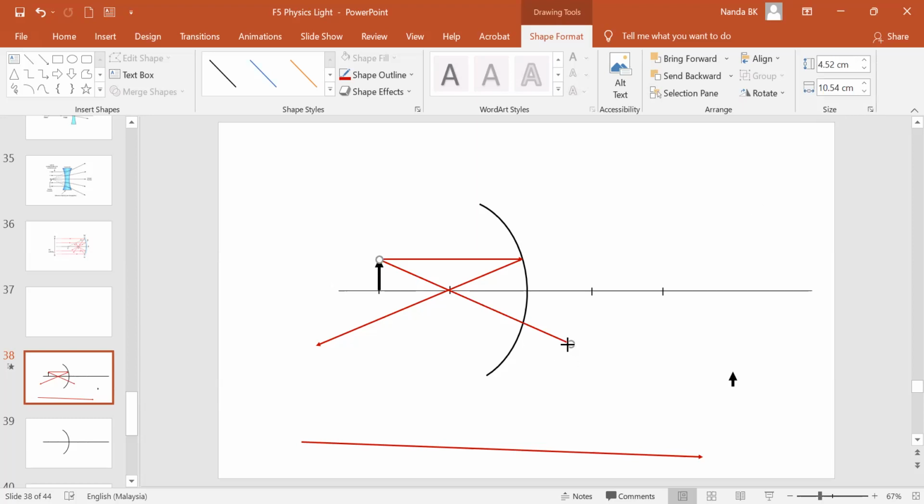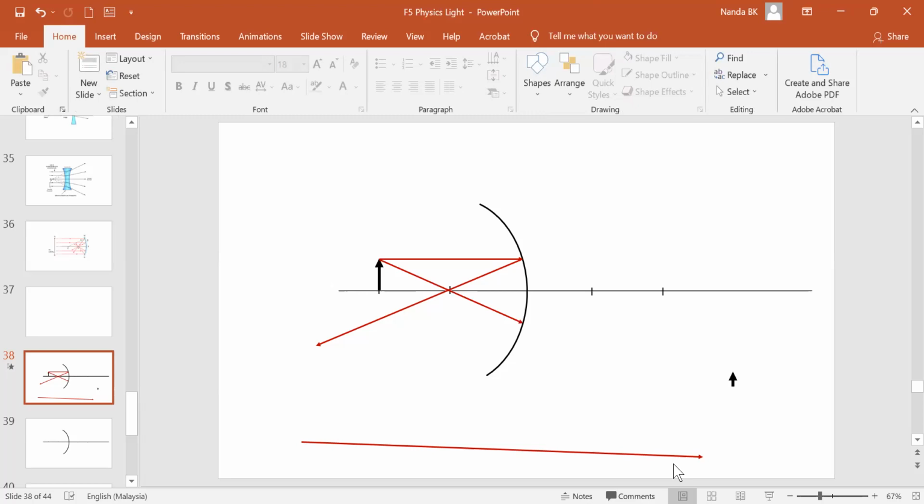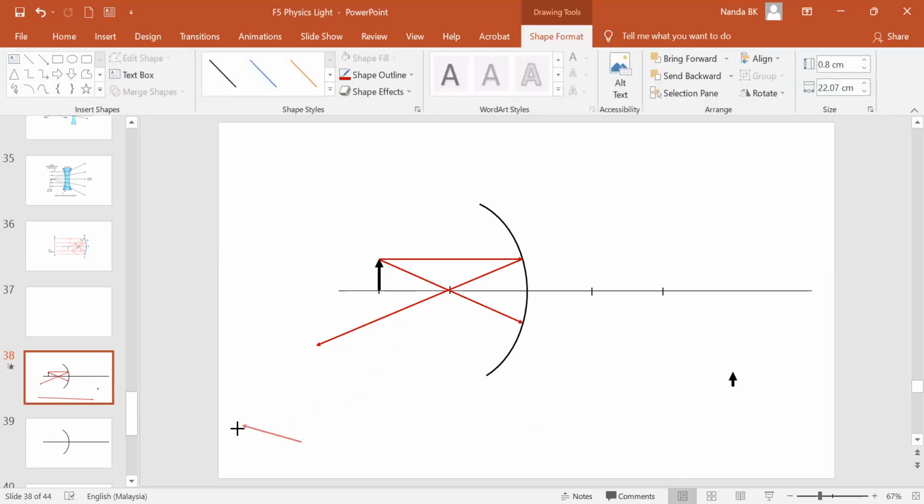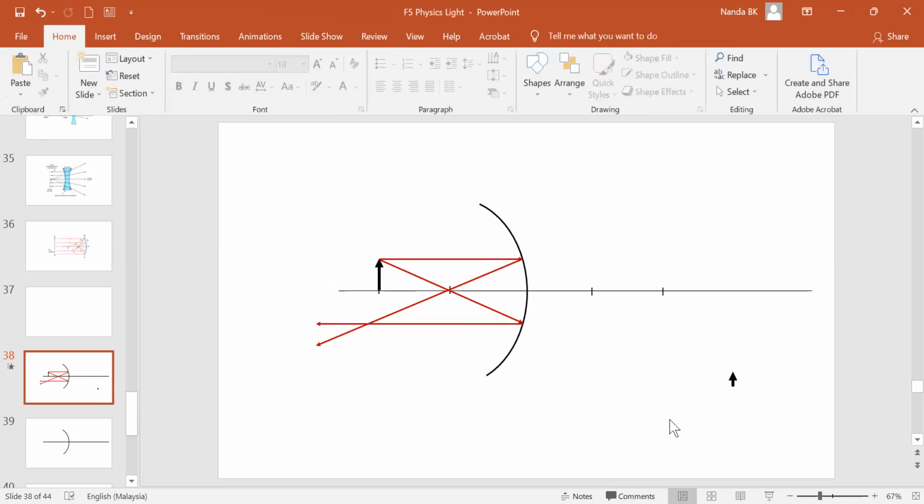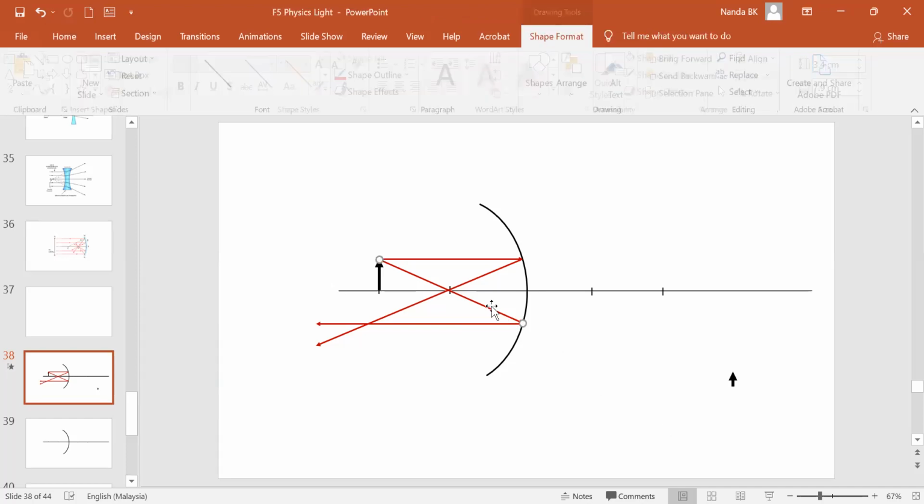Are you following me? Now, any light that passes through the focus, something will happen. It will come out parallel. Follow or not? Let's change the color so you know better.